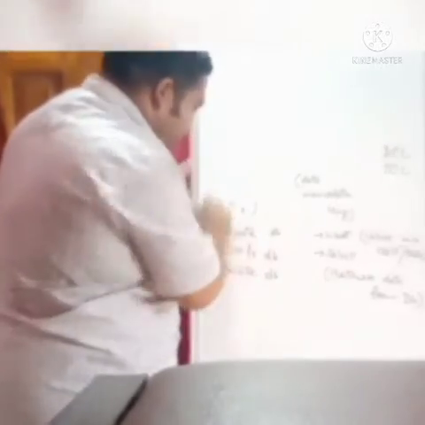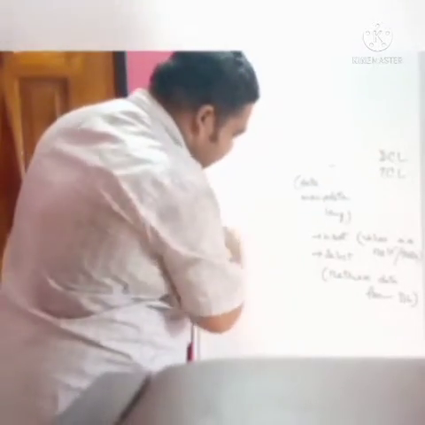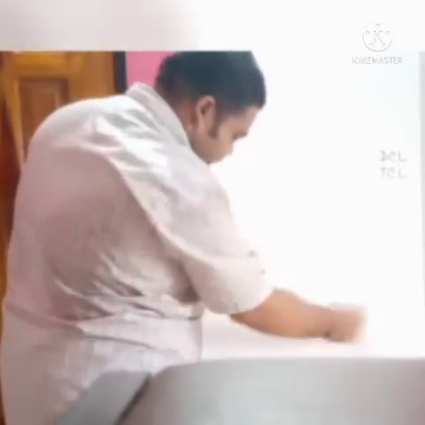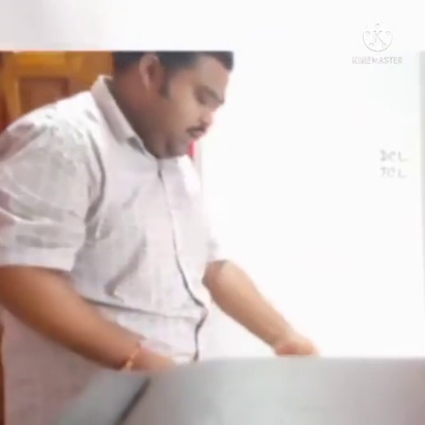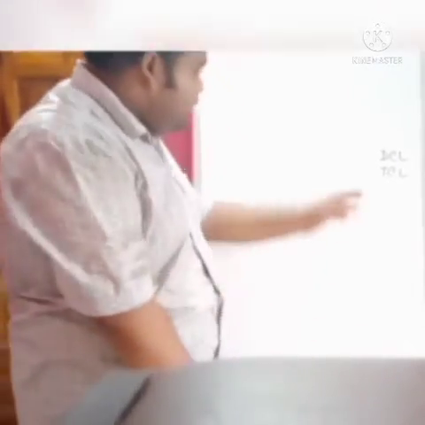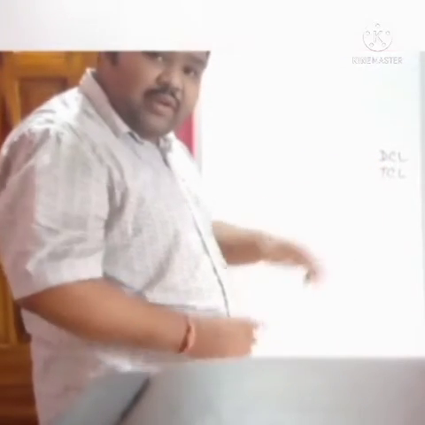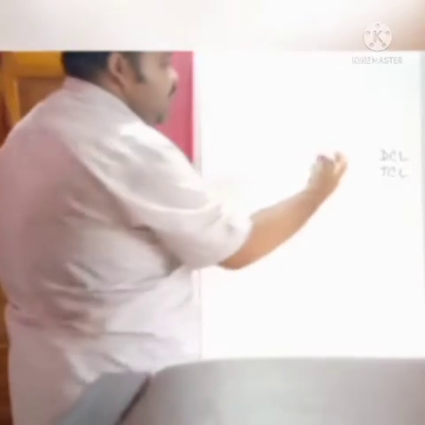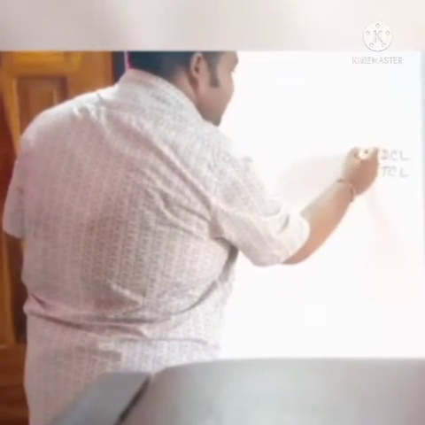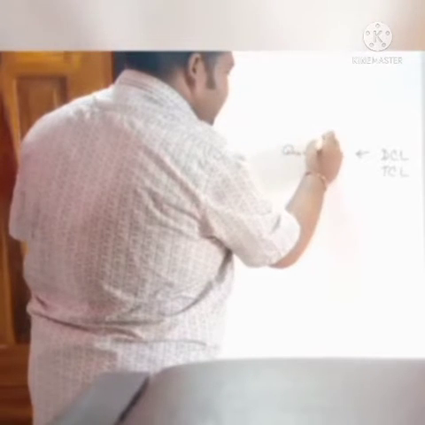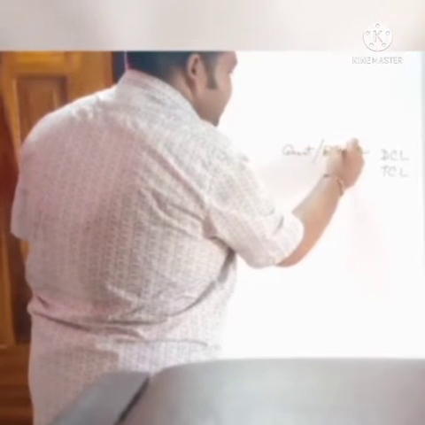Before going to the example, let me tell about these two. What is DCL and what is TCL, that you will get to know in your higher classes. These are also types of SQL commands, but that is not there in the current class 12 syllabus. This is data control language and this is transaction control language. With DCL, you grant or revoke permission.